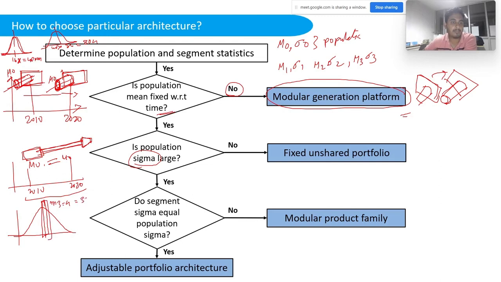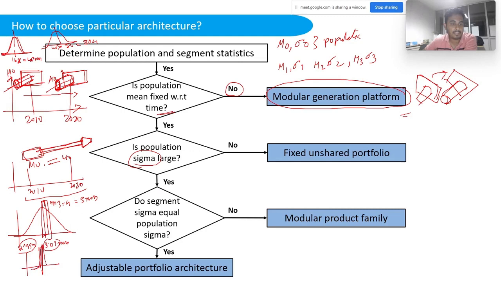M3 means 3 mm. There can be screwdrivers of 3.01 mm or 2.99 mm. Otherwise, it will not fit that particular screw, so it will not serve the purpose. That means the variation is very small.